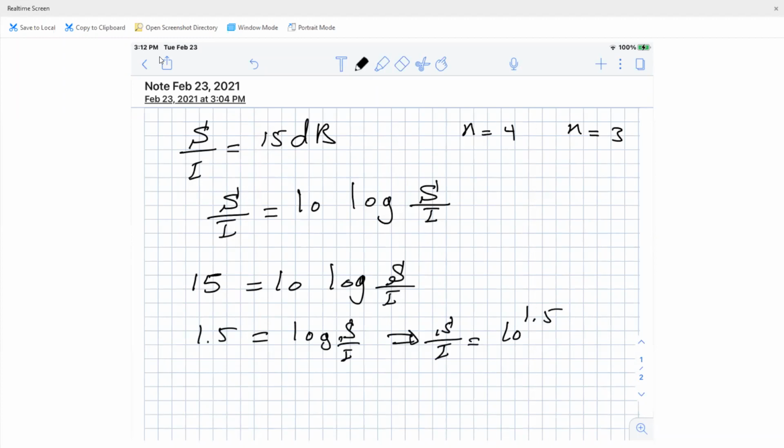Now we can determine 10 raised to 1.5. It will be 31.6227. Now, what we have done in the first step is determine the ratio S over I, meaning converting from dB into ratio.